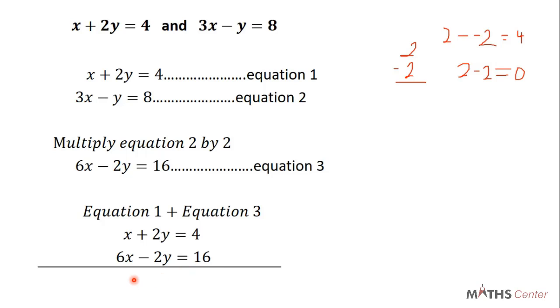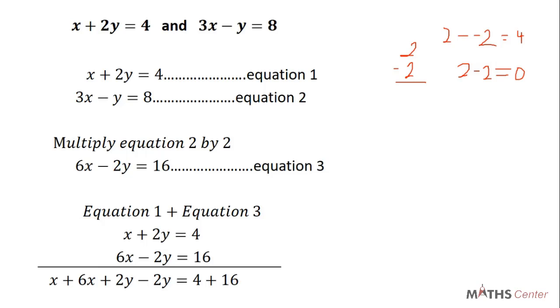That is going to give me x plus 6x. So the first part of equation 1 plus the first part of equation 3. Then the second part of equation 1, which is 2y, plus the second part of equation 3, which is minus 2y.